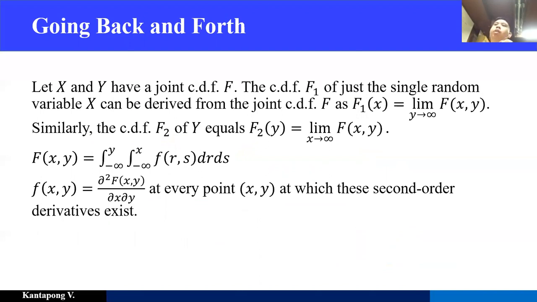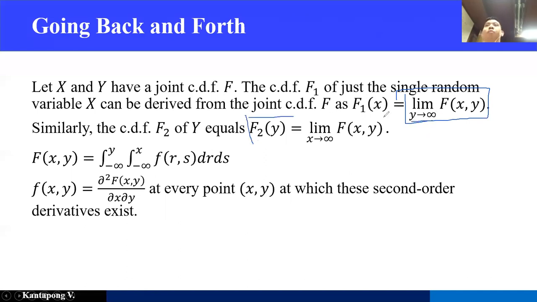If we have the joint CDF of x and y, and we want the CDF of only x, we take the limit. The joint F is a function of x and y, and we want only x, so we want to get rid of y. We can get rid of y by taking y to infinity.